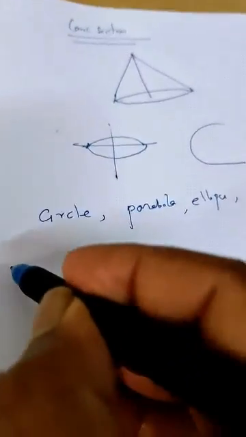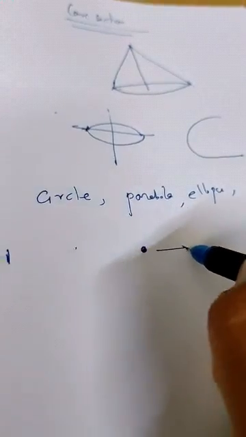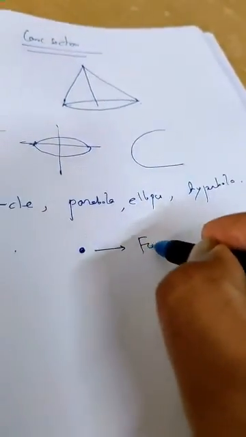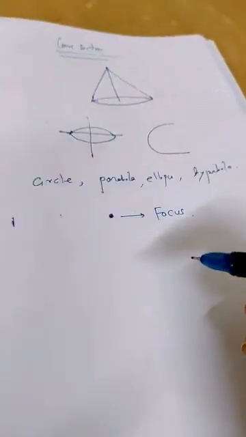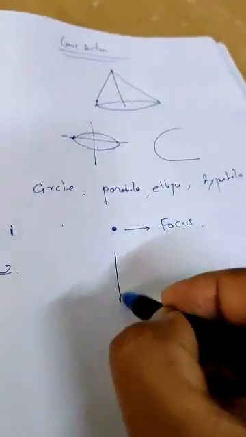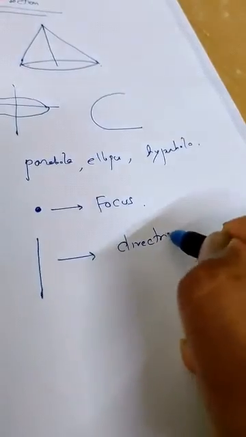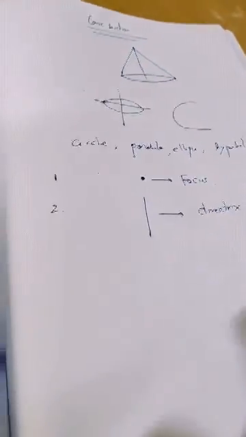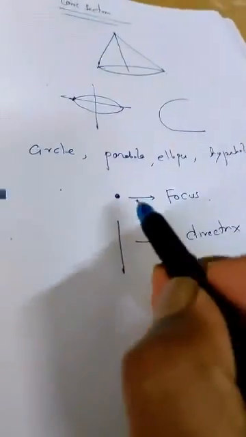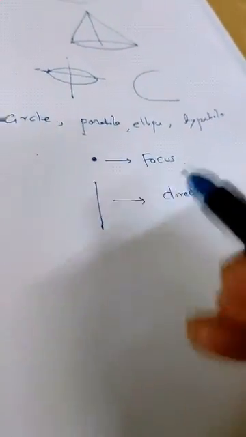Number 1. In a conic section, there will be a fixed point. The name of that fixed point is focus. There will be a fixed line. The name of that fixed line is directrix. Fixed point, focus; fixed line, directrix.